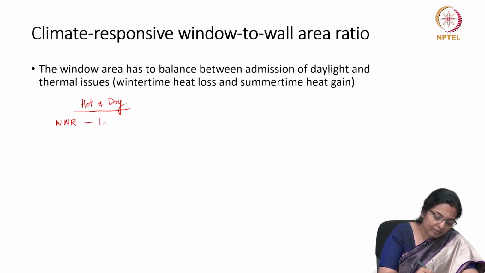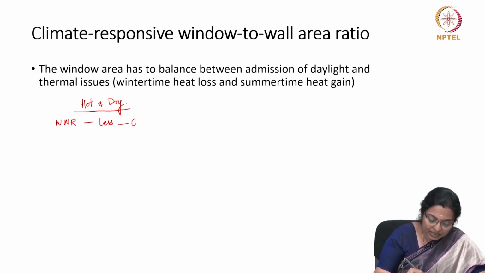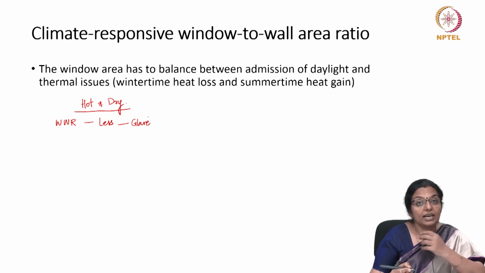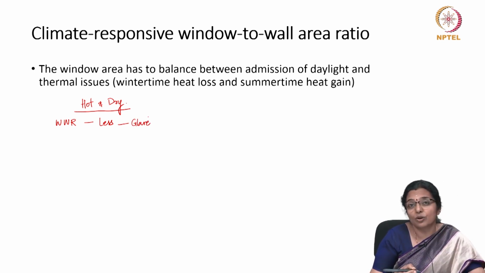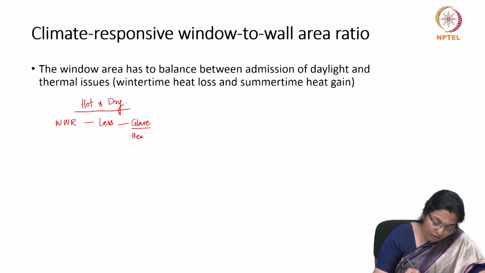It must be very less because we do not want glare, because the intensity of solar radiation is very high and strong in hot dry areas. So, if you have larger windows, you will get glare and you will bring in a lot of heat through solar radiation.